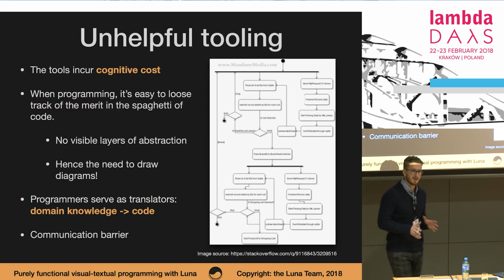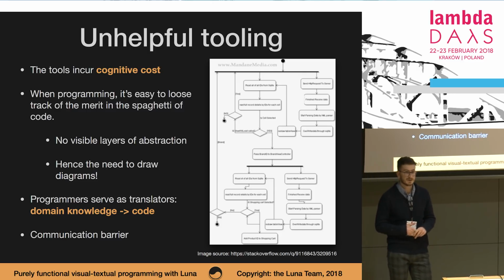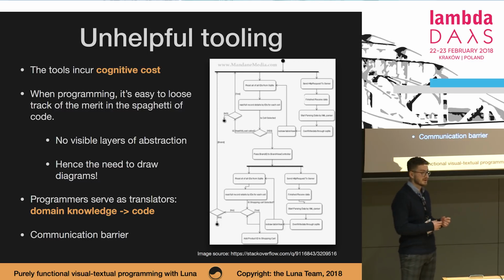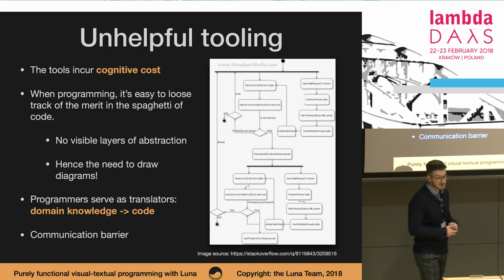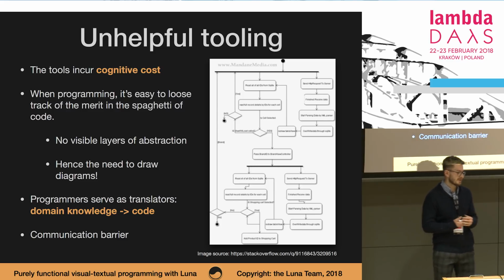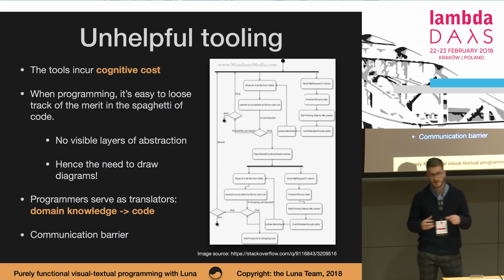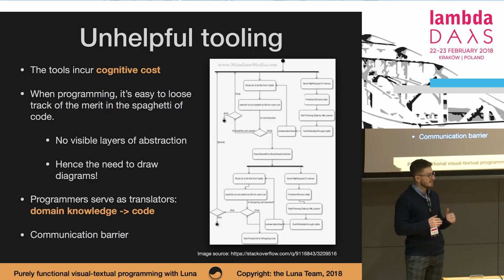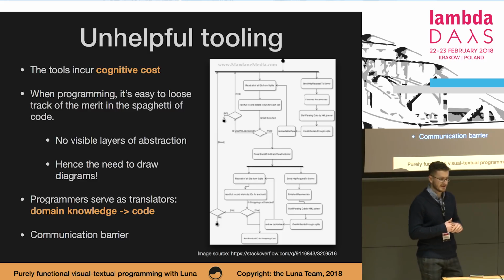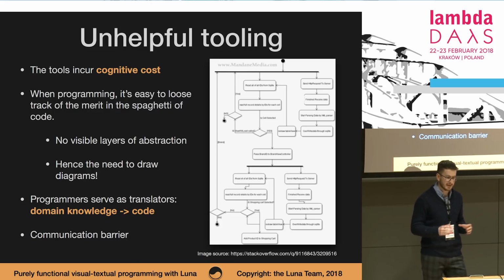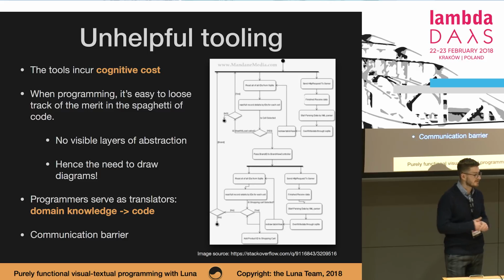To help us deal with the complexity, we are using tools. But there's a problem. The tools themselves are quite complex, and they require learning. They incur some cognitive cost. And when you're programming, there's yet another problem. When looking at the code, it's really hard to tell apart the layers of abstraction. It's really hard to say what's the implementation detail and what's the actual merit of the business logic.